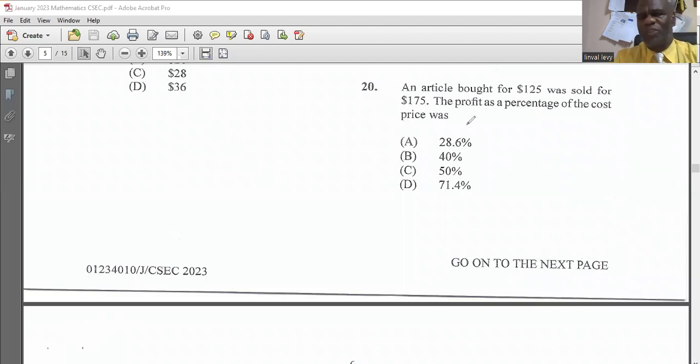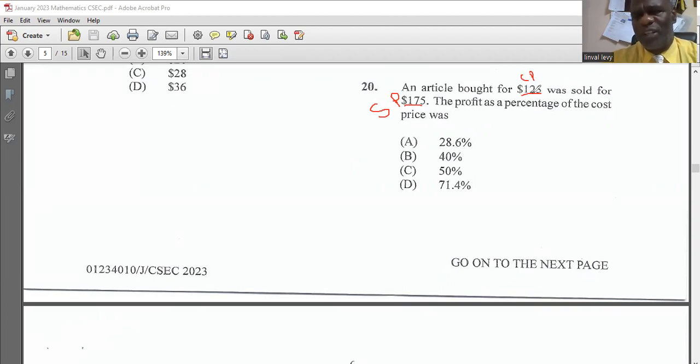So the article was bought for $125. It was sold for $175. So this is the cost price, CP, and selling price, SP. The profit as a percentage of the cost price.